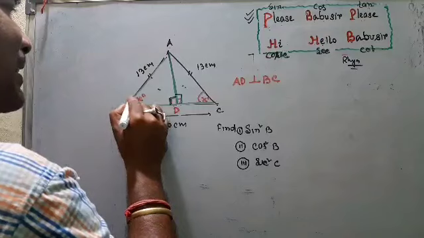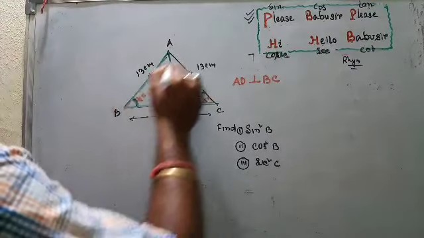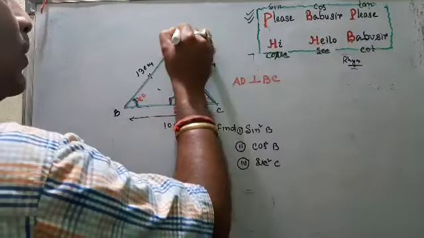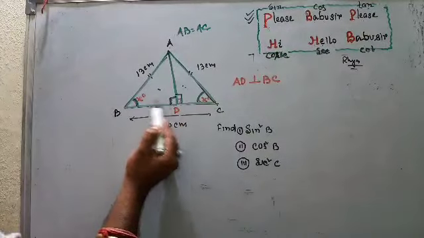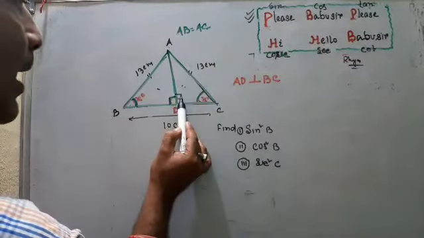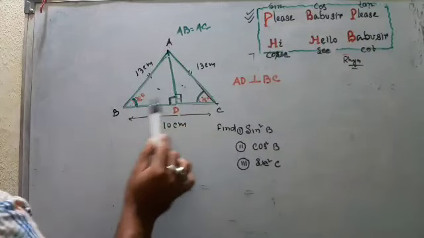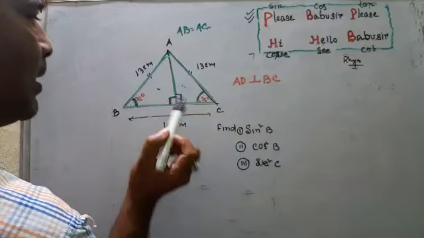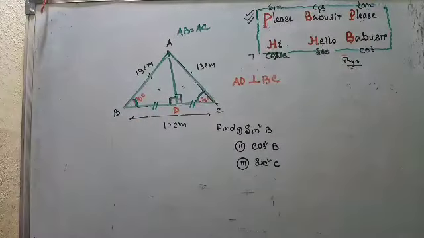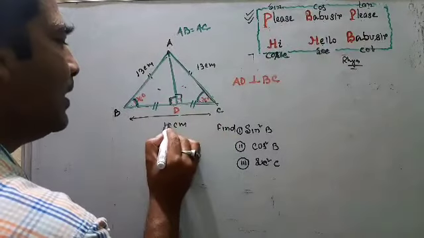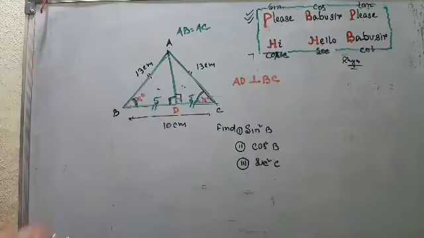Again this angle is x degree, here also x degree, and this side is AB and this side is AC. Both are equal because it is an isosceles triangle. So by angle side, these two triangles are congruent. When these two triangles are congruent, then by CPCT we can say BD is equal to CD. Now complete BC is given 10, that means this is 5 and this one also 5.